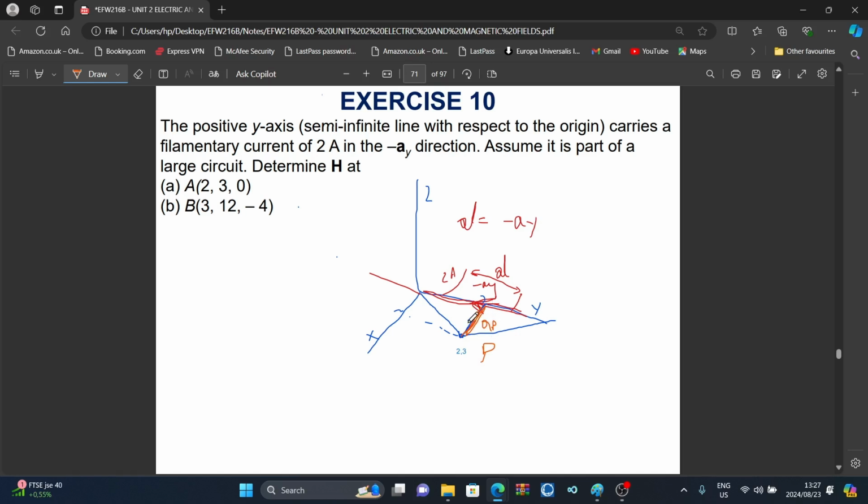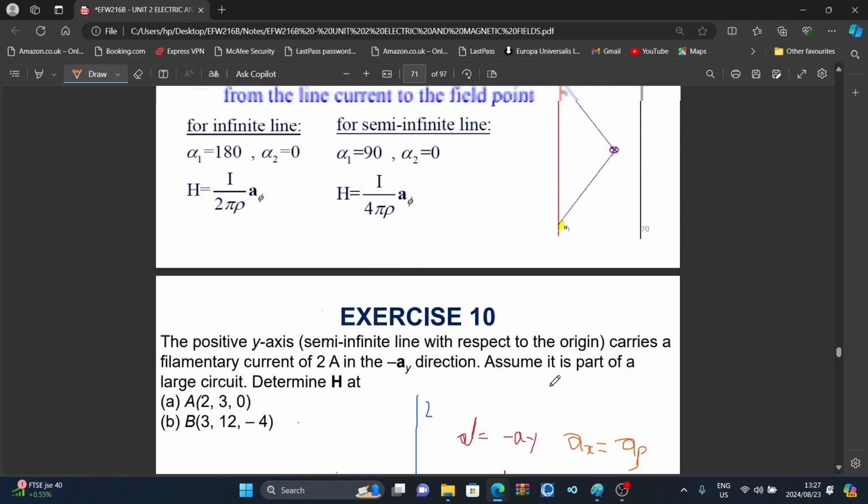If you see, A phi is in the direction of AX. So therefore, you can also write that our AX direction is the same as A phi. Now we have this diagram.